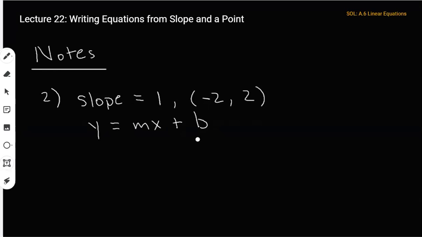So the first thing that I'm going to do is I'm going to put in my x value and my y value. My y value is going to be a +2. So I'm going to put the 2 where y is. And then I have to figure out what m and x are. M is going to be my slope, which is +1.